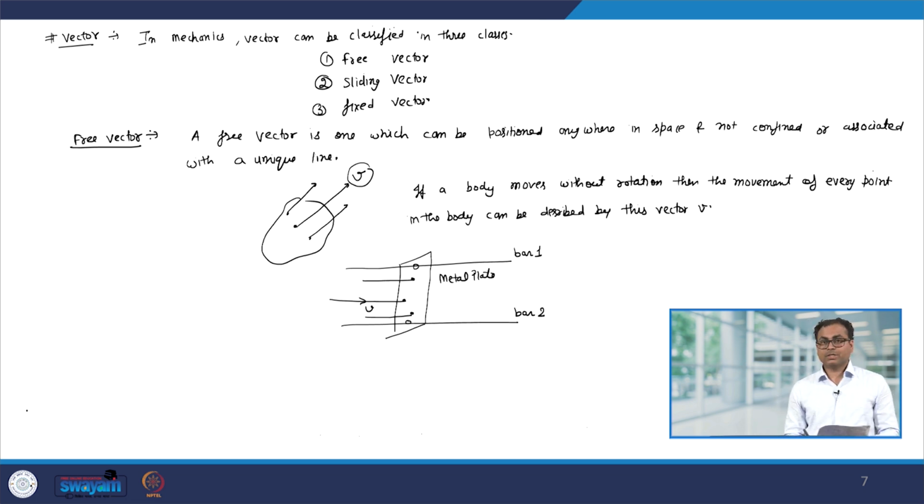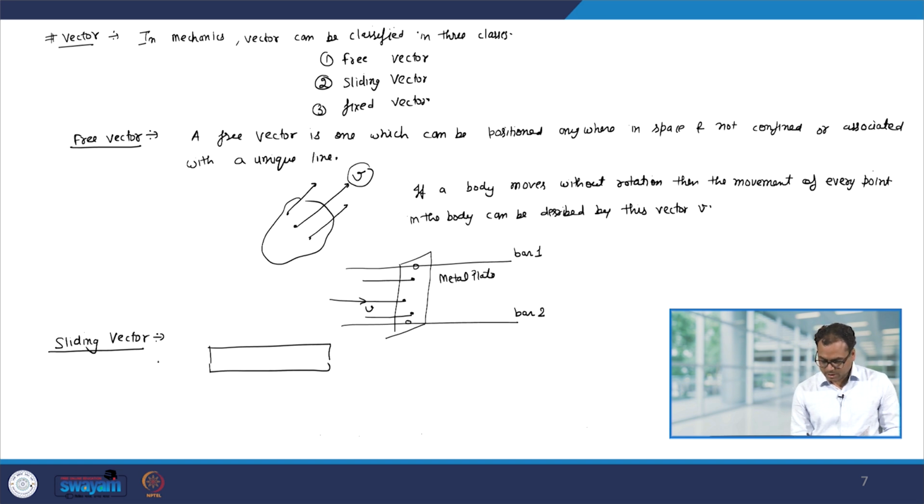You can place it anywhere in the body. Now, let us look at the sliding vector. Suppose I have a rigid body, and on this rigid body I am applying a force.